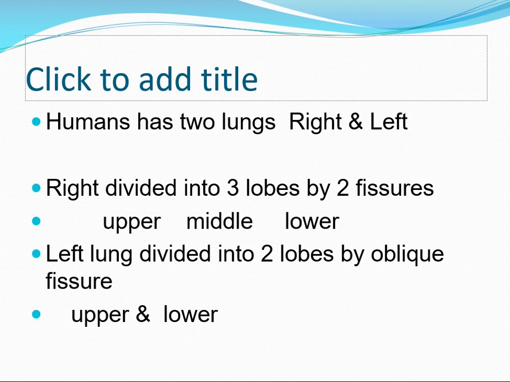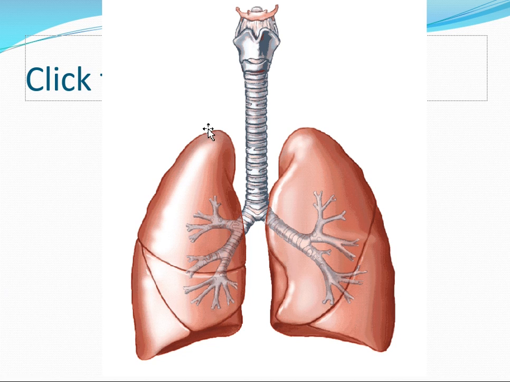The next picture will clear this for you. You can see here the trachea dividing further into multiple bronchi. Now this is the right lung. You can see it has three lobes, and you can see the two fissures, the horizontal and the oblique, and it divides the lung into three parts. And the left lung has only one fissure, the oblique fissure, and it divides the lung into two lobes.